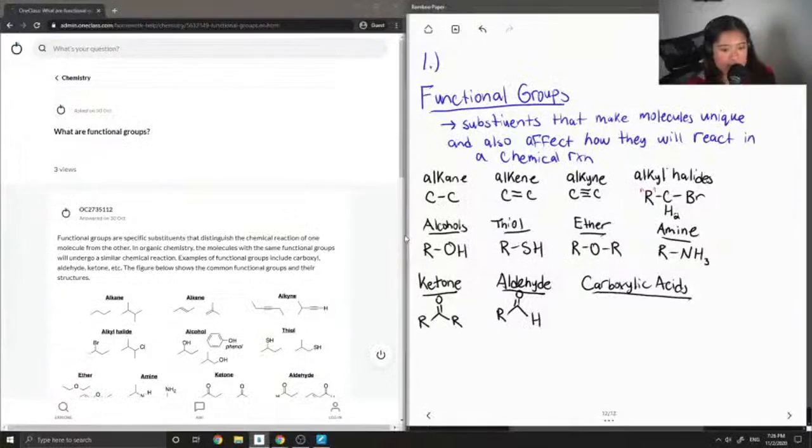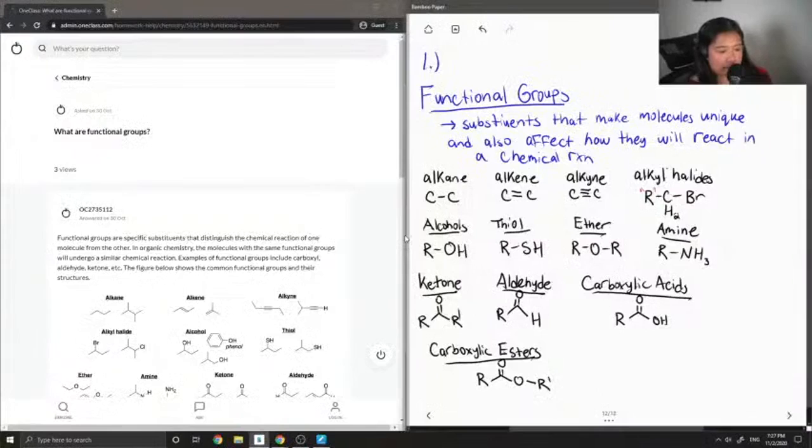Basically, this is like putting together an aldehyde and an alcohol, and you get this group right here, where it's a double bonded oxygen and then an OH. Then what's similar to carboxylic acids are carboxylic esters. As you can guess, this is similar to carboxylic acid, except instead of it being at the end, it's in the middle of two carbon groups.